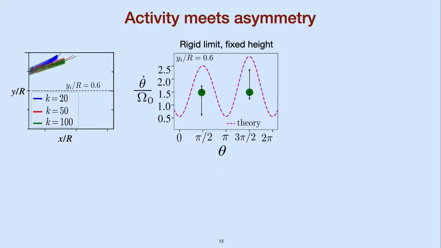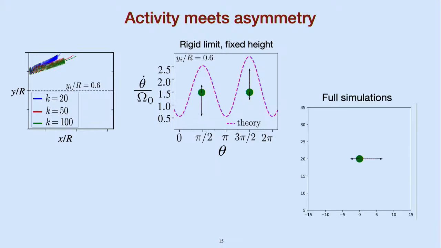So we can find the angular velocity as the swimmer is tumbling and moving like this. We can find the angular velocity as a function of theta, and we see that when the swimmer is pointing in the vertically up direction, the angular velocity is slightly less. This asymmetry results from the head-tail asymmetry. That means that when it is pointing upwards, it spends slightly more time than when it is pointing downwards as it tumbles. That is the reason why the trajectory is bending upwards in time.